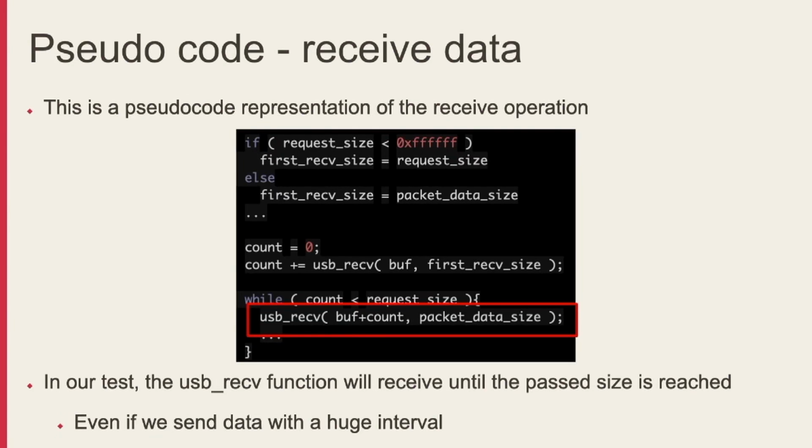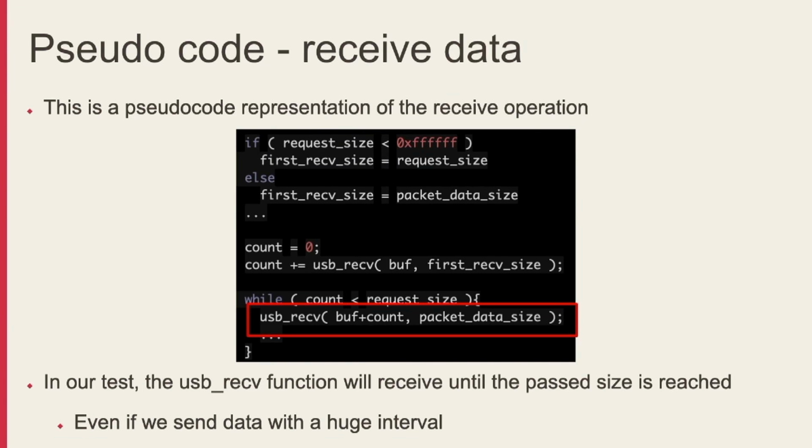This is the pseudocode that shows what happens when Odin tries to receive data. According to the pseudocode, we can see the USB receive will receive the packet data size variable only if the request size is bigger than 6F in hex, or if the first receive attempt cannot get enough data.